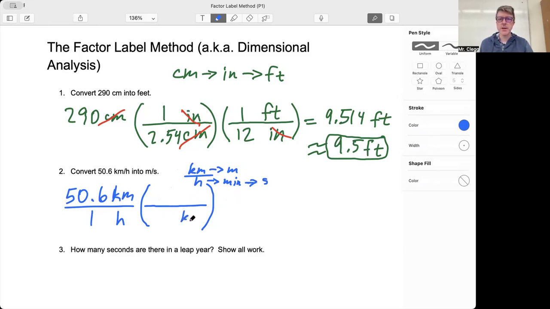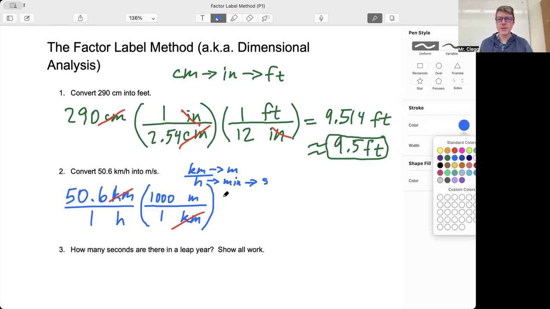So we'll take kilometers down here, meters up top, 1,000 meters in 1 kilometer. Remember, the whole purpose of doing it this way is so that you can figure out whether you're supposed to multiply or divide. That's really the whole point.